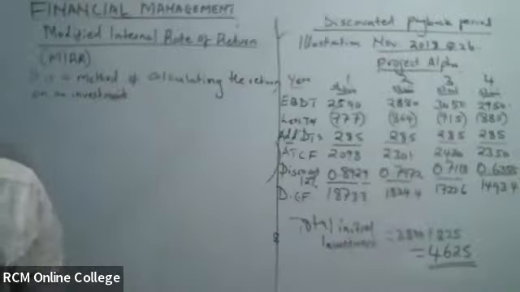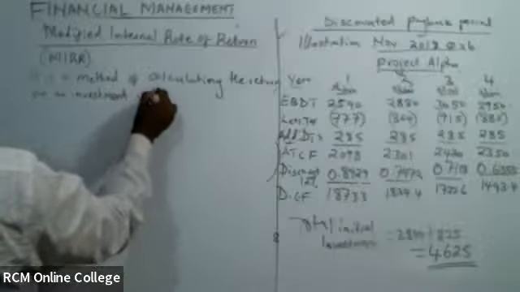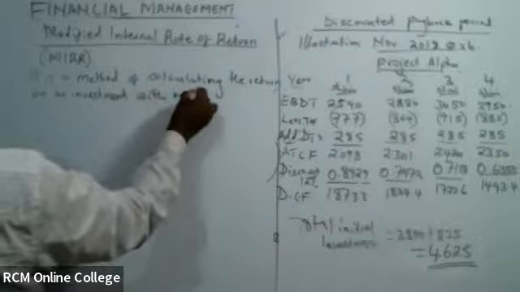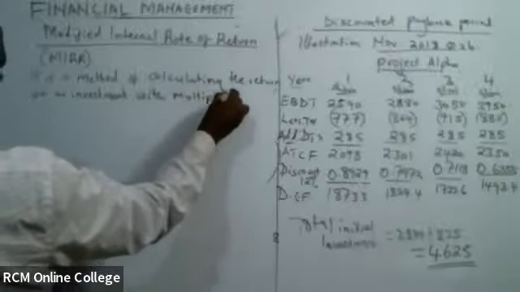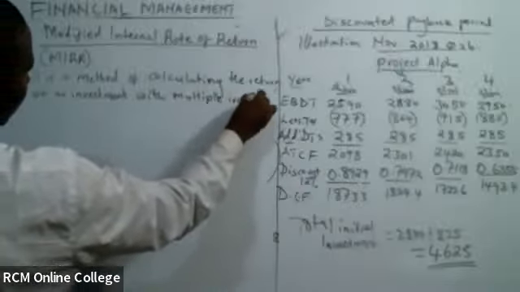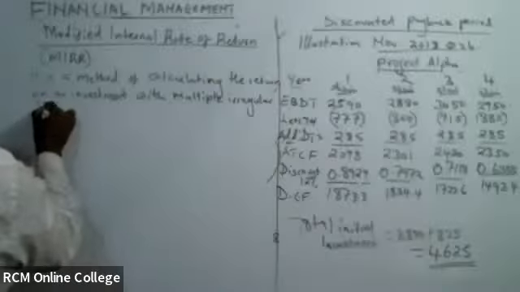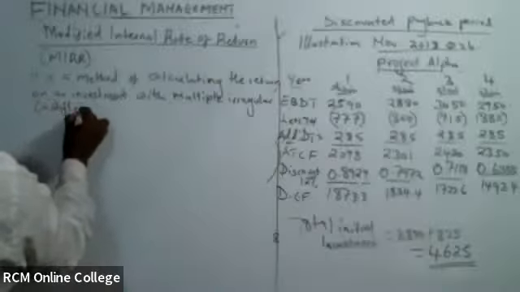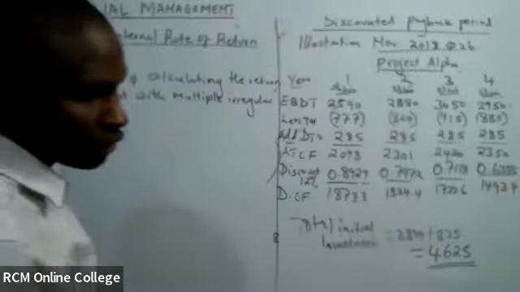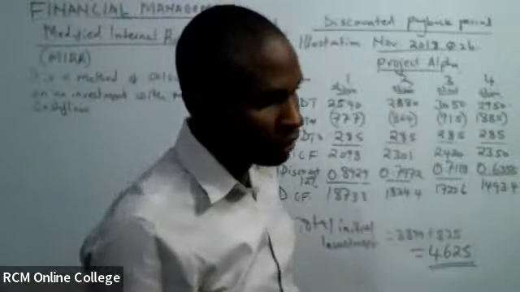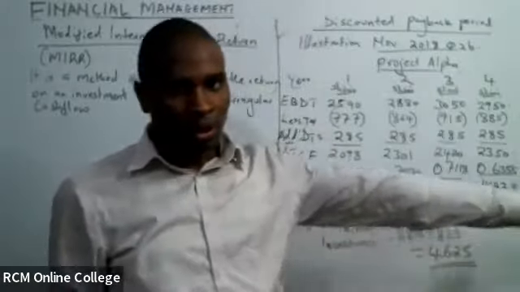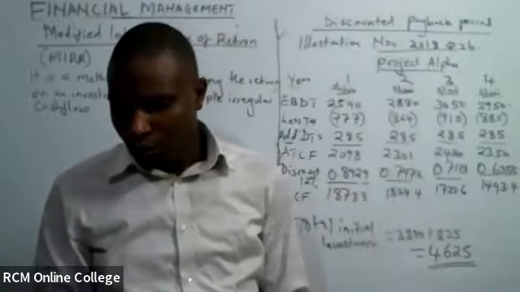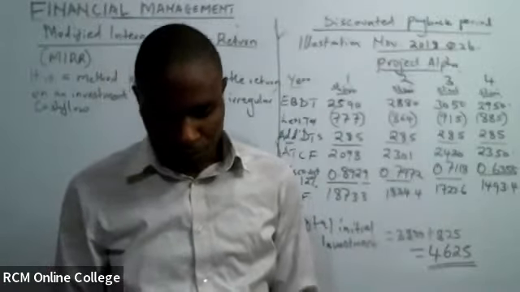It is a method of calculating the return on an investment with multiple irregular cash flows.